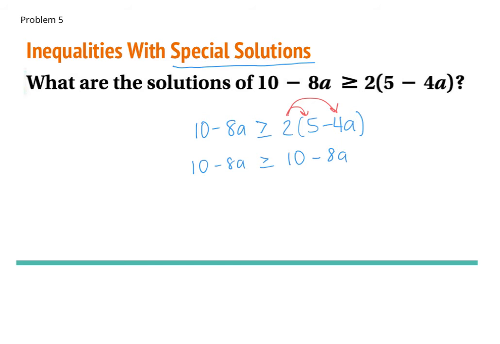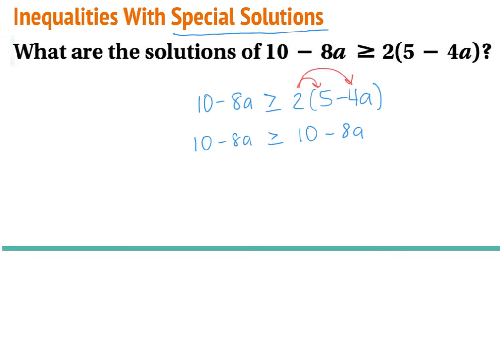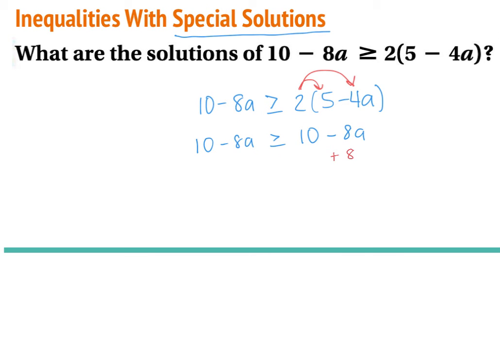Whoa, kind of looks similar. Well, if I didn't recognize that they were the same on both sides yet, I would just add 8a to this side, add 8a to this side. Watch what happens. They both cancel. So we've got 10 is greater than or equal to 10. That is true, right?